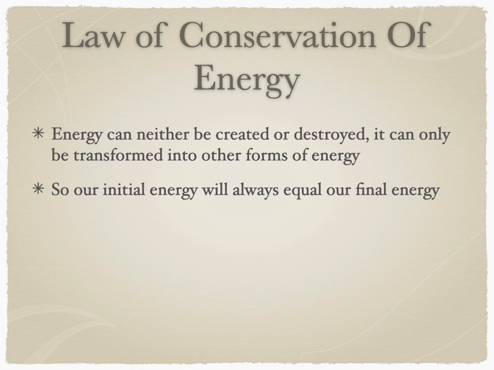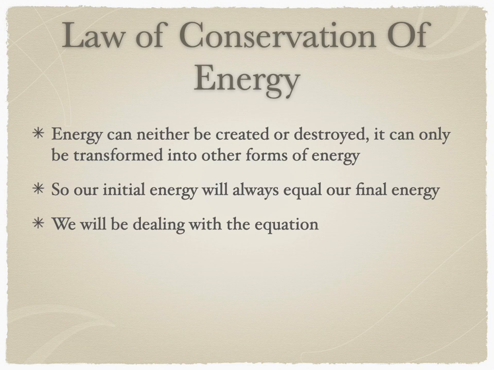So for example, if we have an object sliding down a ramp and the object started stationary, it's going to be losing gravitational potential energy as it goes down the ramp, but it's going to be gaining kinetic energy and thermal energy, and the kinetic energy and thermal energy at the end will equal how much gravitational potential energy we've lost.